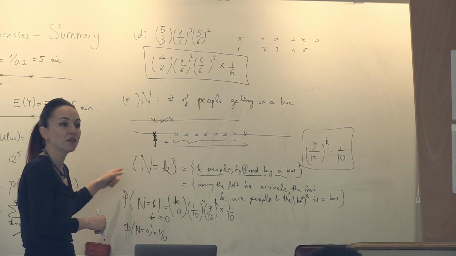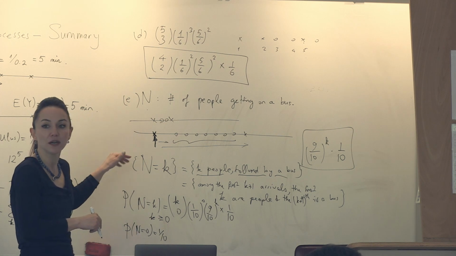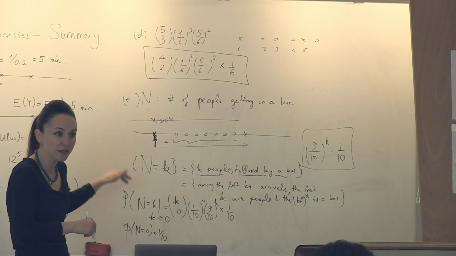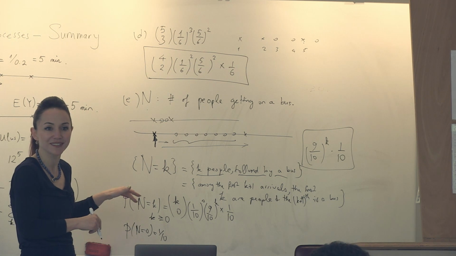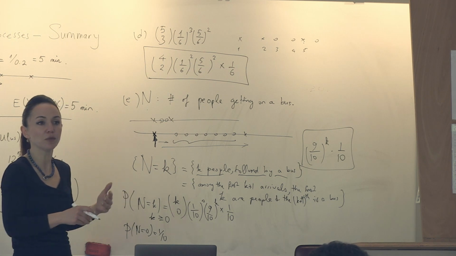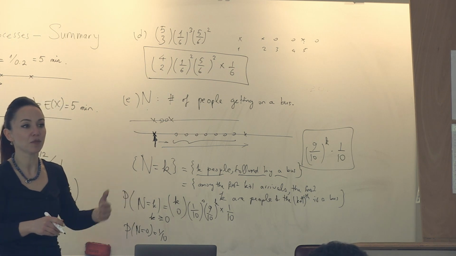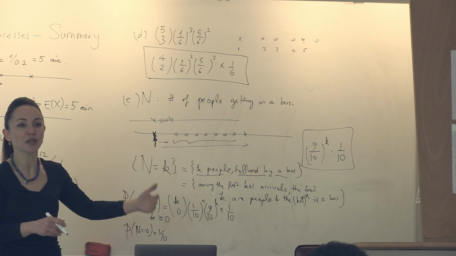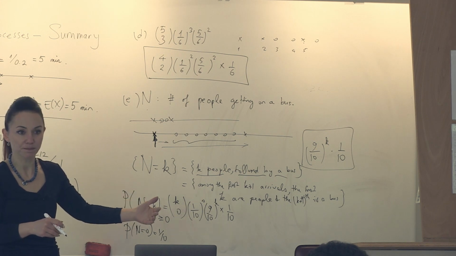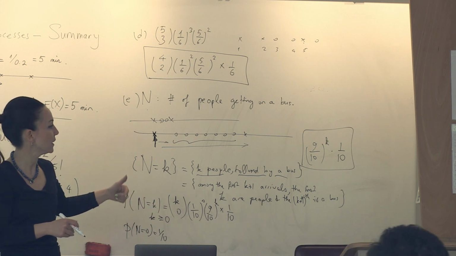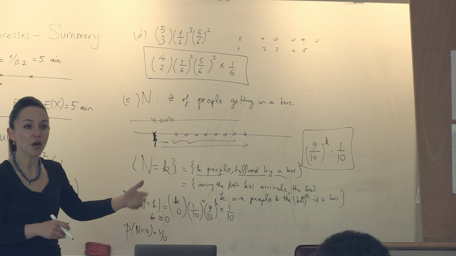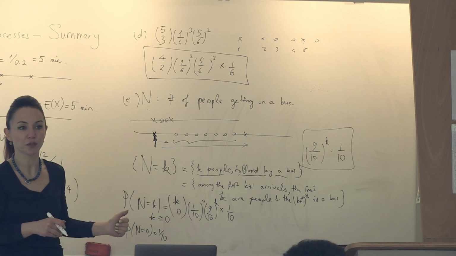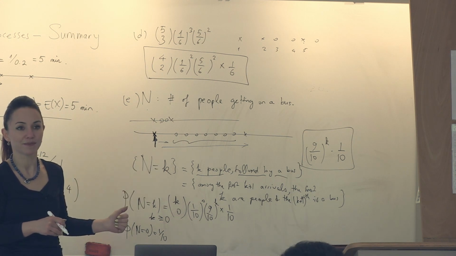This counts the number of failures before the first success, if you will. If the geometric distribution is the number of attempts up to and including the first success in a sequence of Bernoulli trials, this is the number of attempts up to but not including the first success. Right?